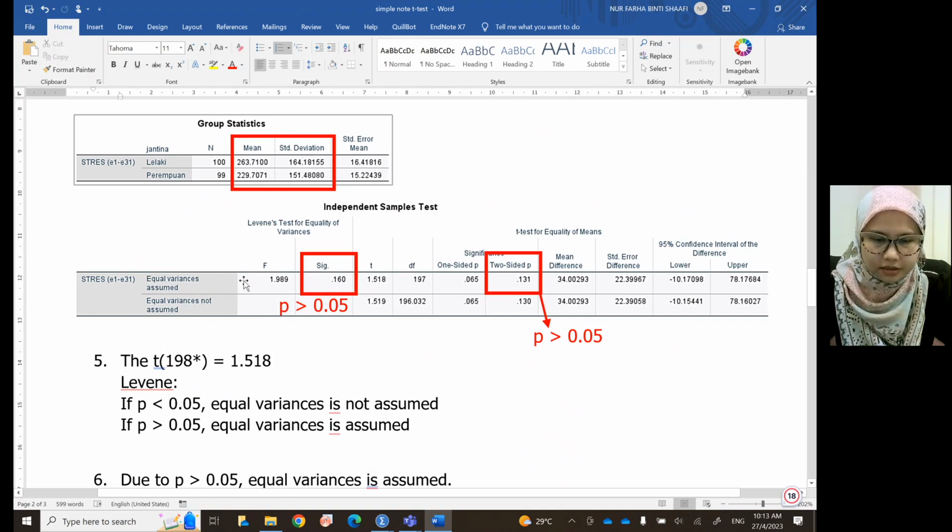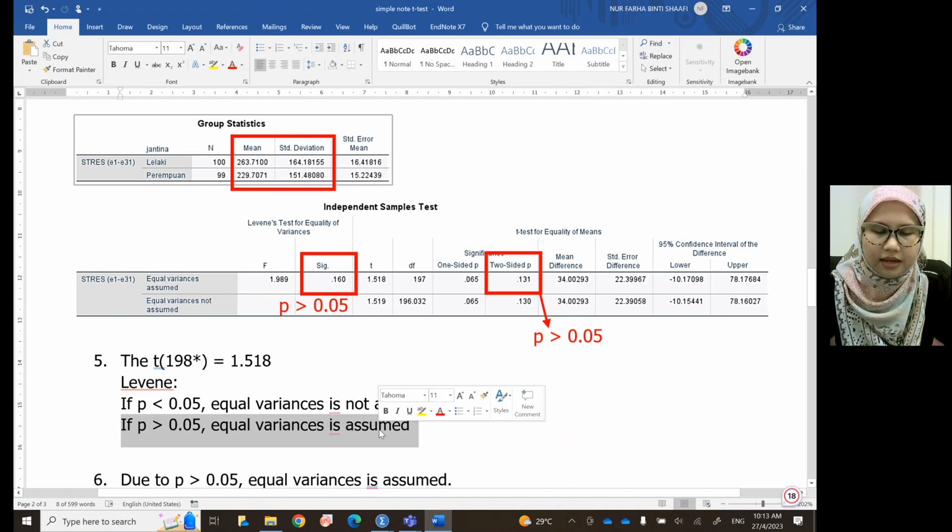First, you look at your significance value here, which is 0.16. Your significance value is more than 0.05. If your P is more than 0.05, you need to choose equal variance assumed, the one on the top.